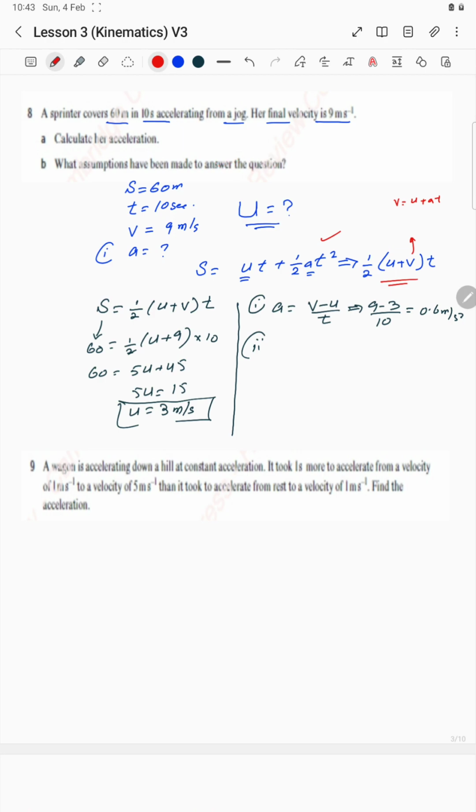The simple one: the sprinter keeps a constant acceleration, because it's a case study for constant acceleration. Or you can make other assumptions up to your own mind and your own arguments, right? Let's proceed to the next question.